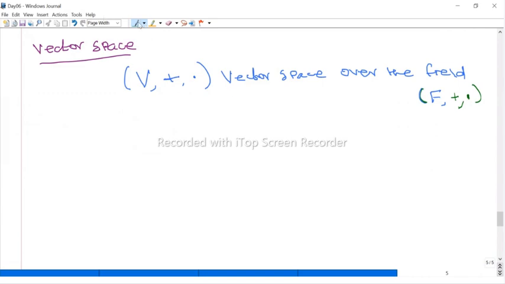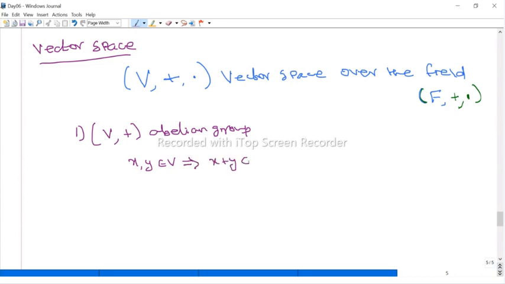Now, what is this addition? We define the usual addition. So when we say this is a vector space over the field, first, V with respect to addition forms an abelian group. That means given any elements x, y in V, the sum should be in V. That is the operation here.